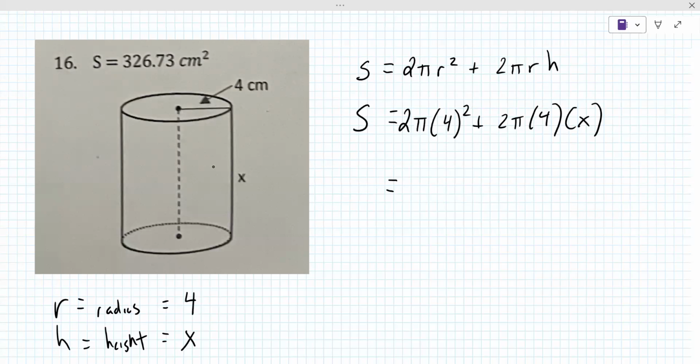So let's do a little bit of work here. Do you have a calculator handy? Yeah. So instead of pi, let's use 3.14 times 4 squared. So I want you to do this calculation for me, please. Okay.